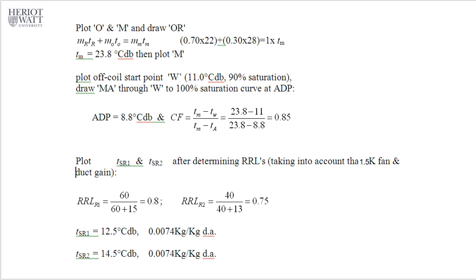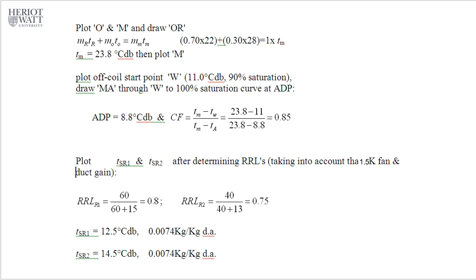Right, now here are some steps. The first one, you have to calculate the temperature of mixed air. We use M to represent the point of mixture. Now you can do this on the psychrometric chart. You plot the indoor condition and outdoor condition, draw a line joining them together, and then you plot the M, the point which you calculated from the equation you have here.